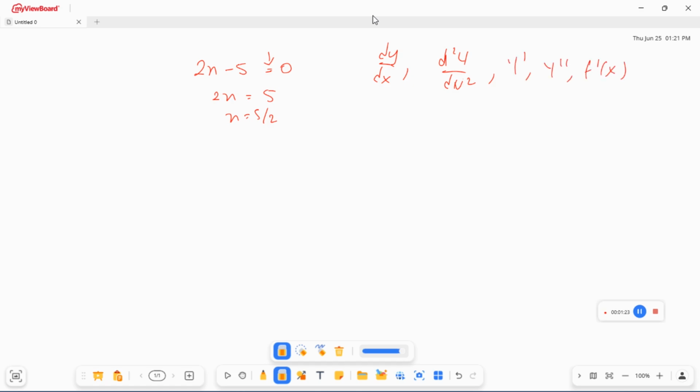There are many more than this, and you can basically form any differential coefficient of your choice.